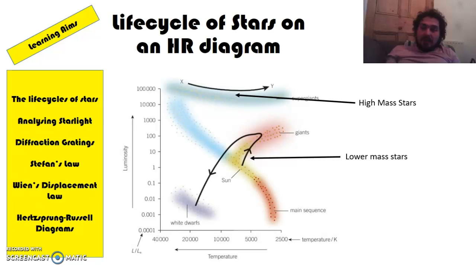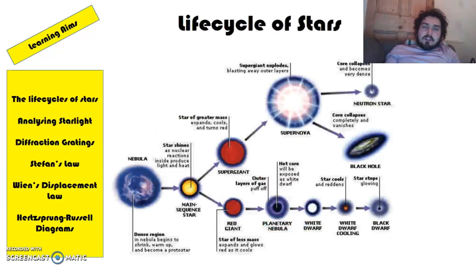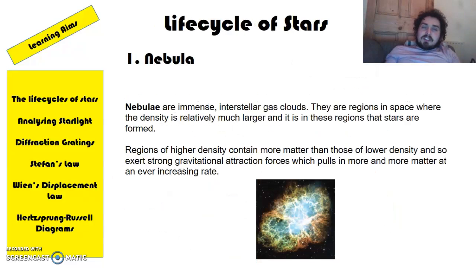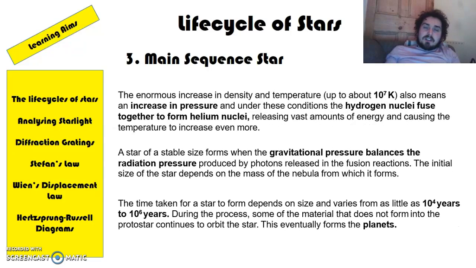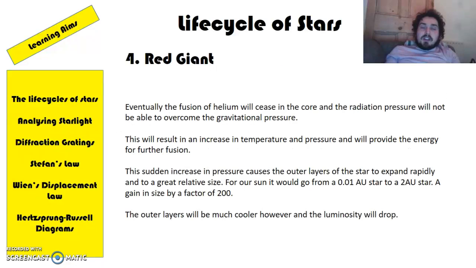But we talked about that earlier, so let's quickly run through, because there's a lot of stuff here. Stars go from being nebula to protostars to main sequence. Main sequence is when the hydrogen nuclei fuse to make helium, and when gravitational balance is radiation pressure.